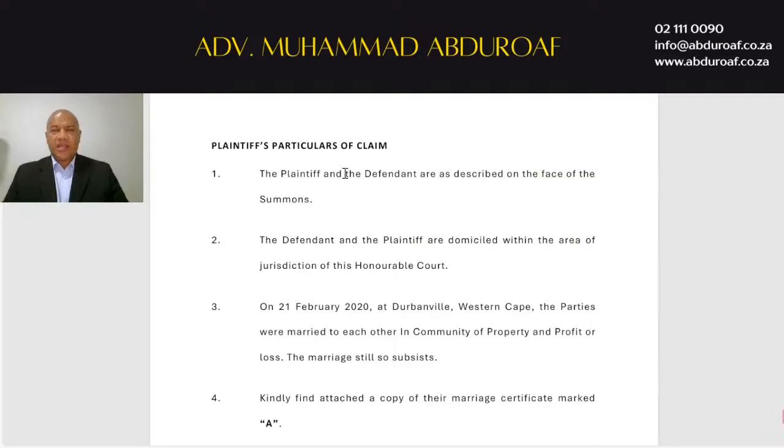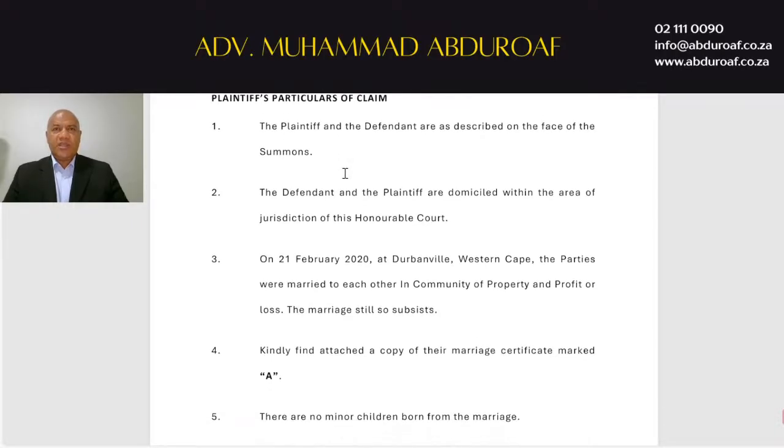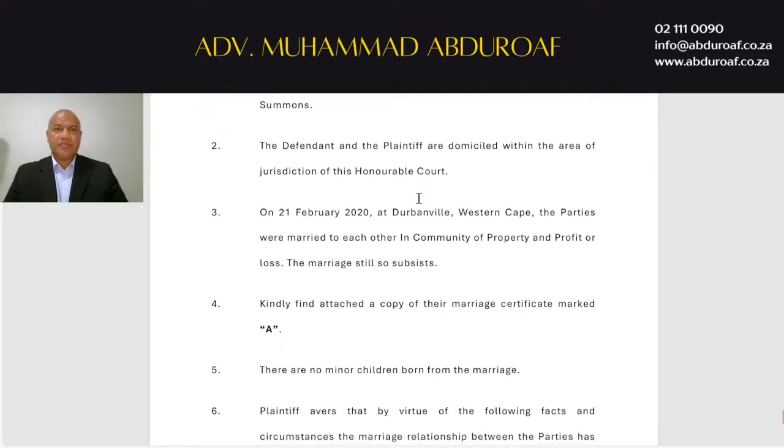The particulars of claim. This document is combined with the summons that you have just seen. In this document, we say who the parties are first. The plaintiff and the defendant are as described on the face of the summons. We earlier showed you who the plaintiff is and who the defendant is.